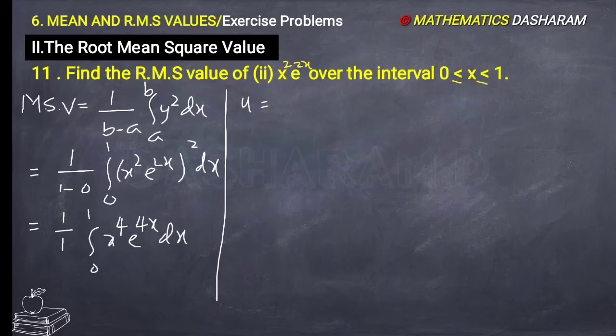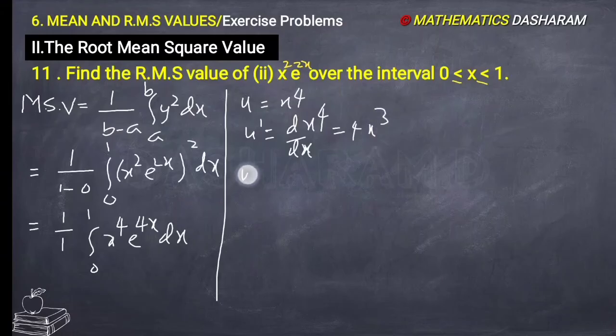Here first u means x to the power of 4. Next u dash means derivative of x to the power of 4, so that is 4x cube. Next u double dash, derivative of 4x cube, 4 3s are 12x square.